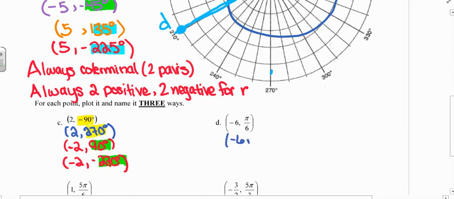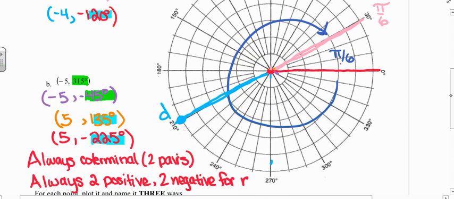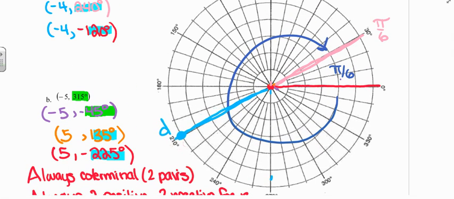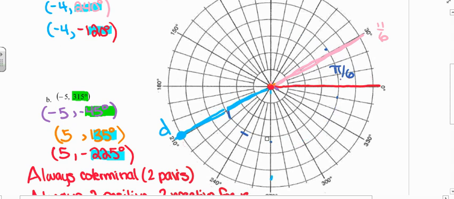So -6, -11 pi over 6 would be a second way to name that. And then my other two ways are going to name the angle in the light blue, or have its terminal side on the light blue instead of the pink.